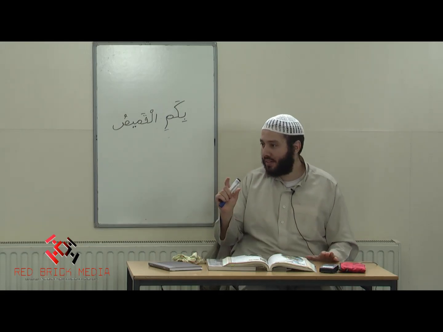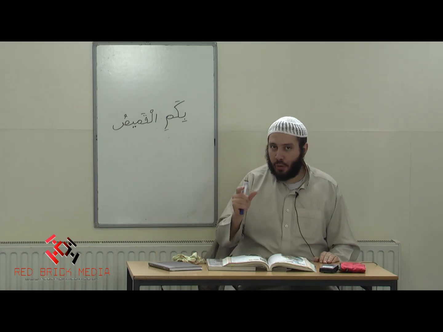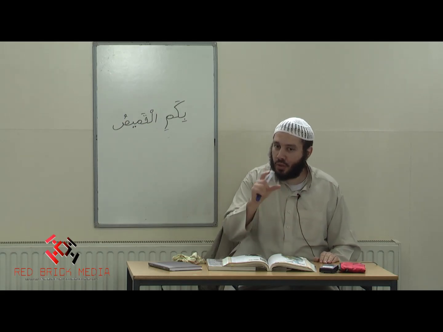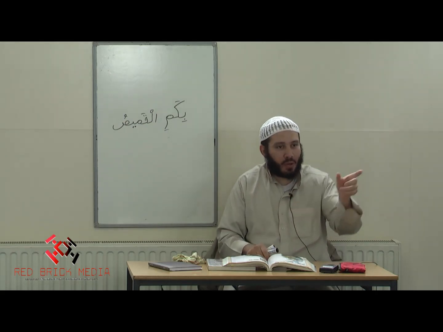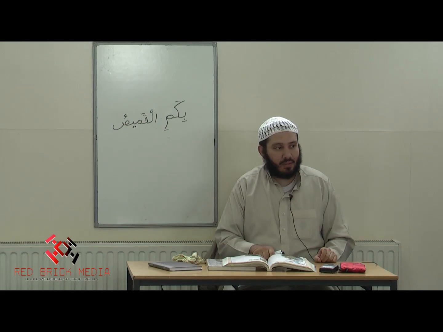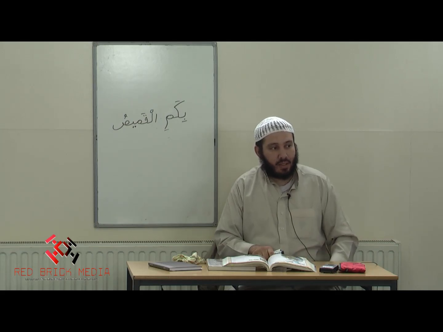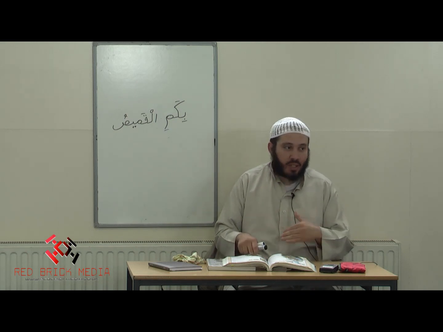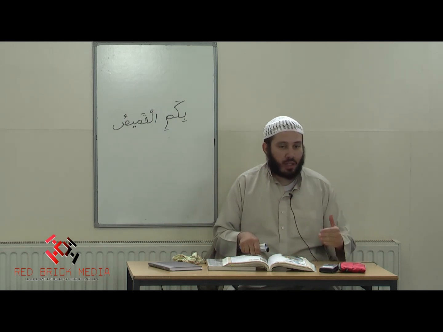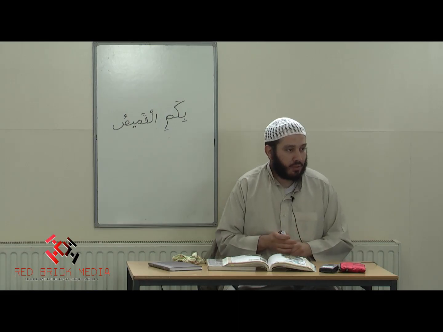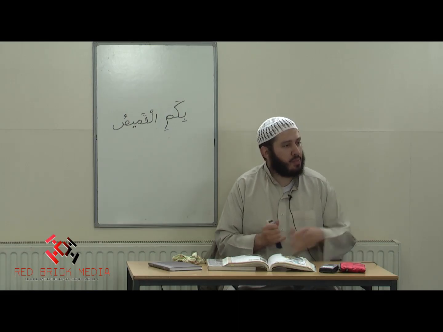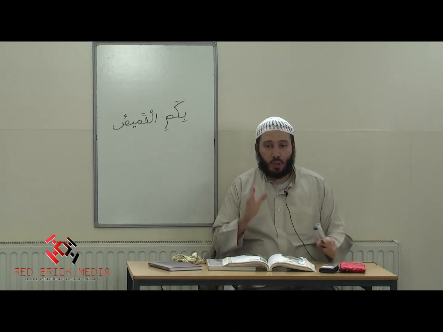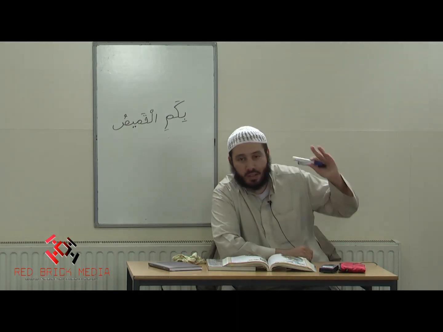B is like 'for'. You can say B and the price instead of al-qamisu B. You can remove al-qamisu. So the B is very important because it comes back in the answer.